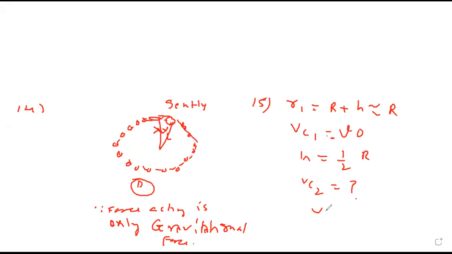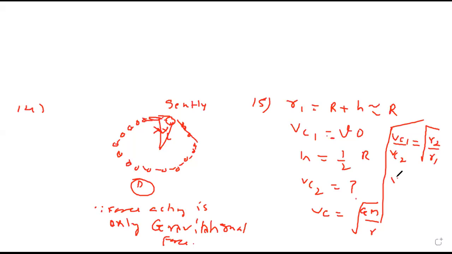So we know orbital velocity means critical velocity. It is root of GM by r. That means critical velocity of first upon second equals root of radius of orbit of second upon first. First critical velocity V naught, second Vc2.